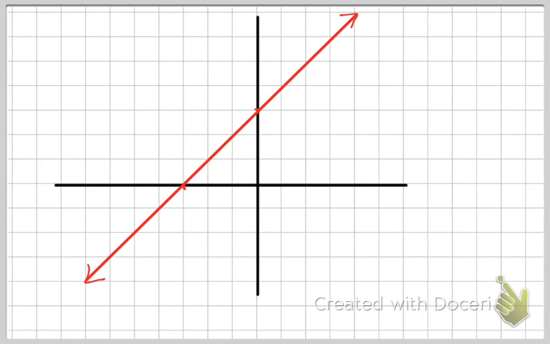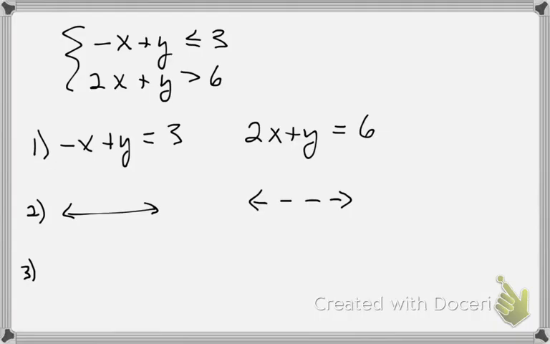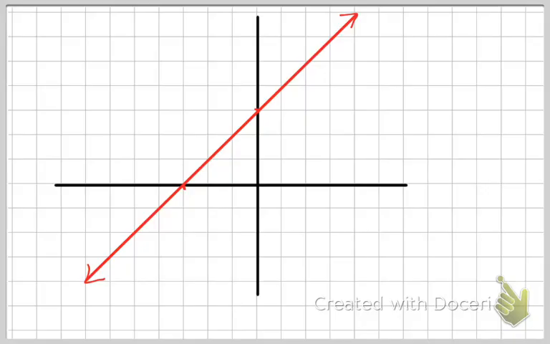There's my line. For the second equation, my y-intercept is 6. My x-intercept is 3. So I've got my x and y-intercepts there.